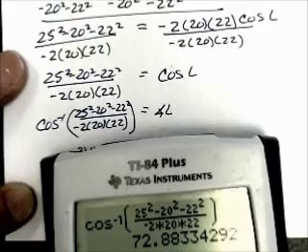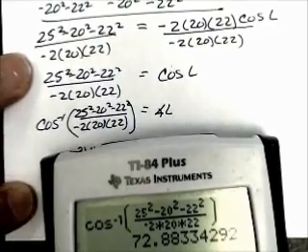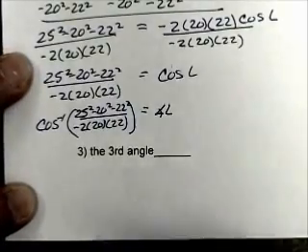To the nearest tenth of a degree, 72.9 degrees.